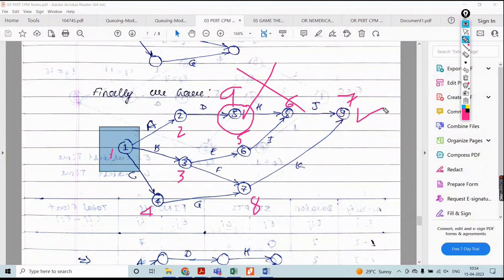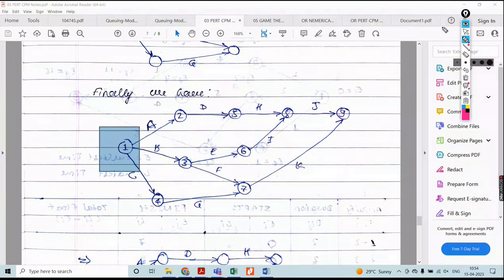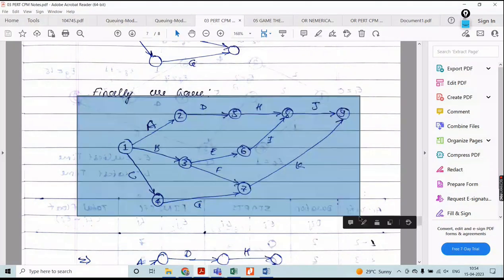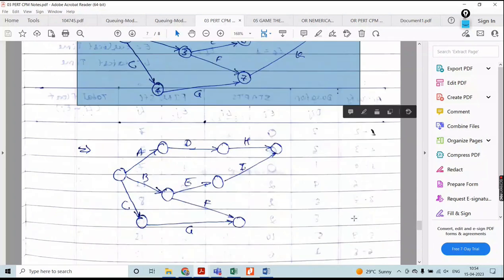The numbering takes place in accordance with the activity completion. Is this clear? Randomly you should not write the numbers. Properly you can write. This is also very, very important. If not, then whatever network you have drawn itself is wrong.